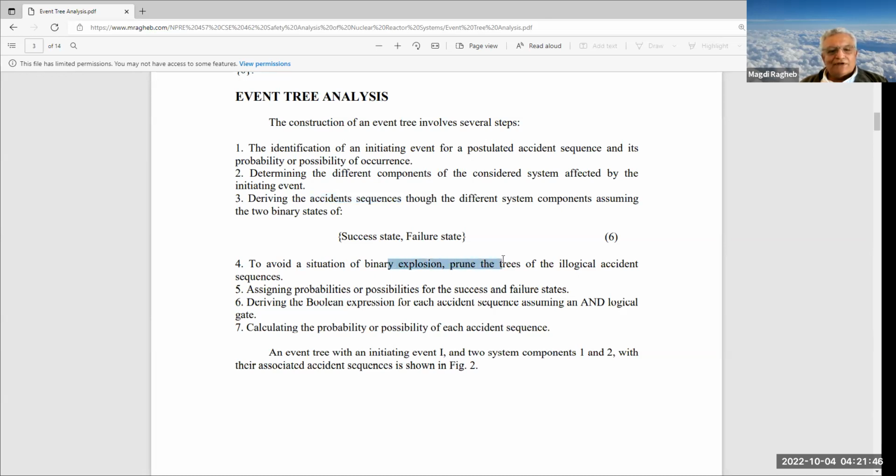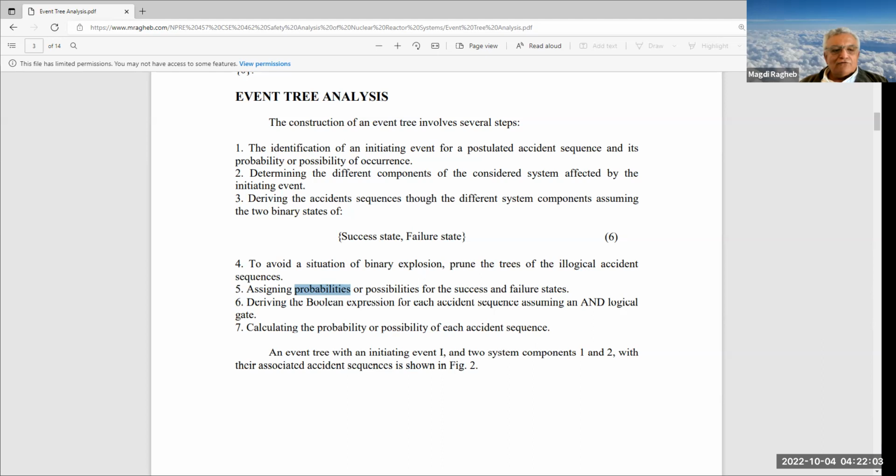We prune the tree of the illogical accident sequences, and then for each one of those events, we assign, in the state of the art that we have today, probabilities of occurrence, maybe because we have observations, we have measurements of events that happened in the past.